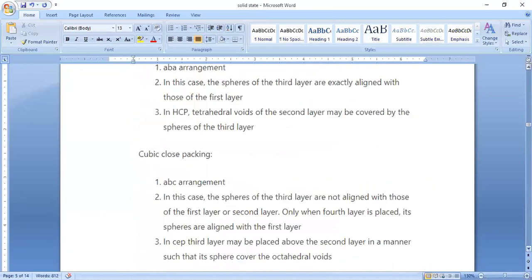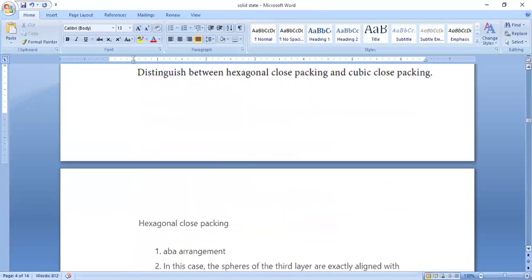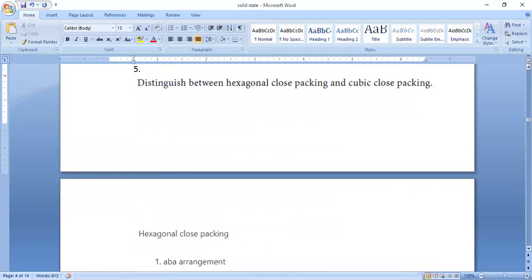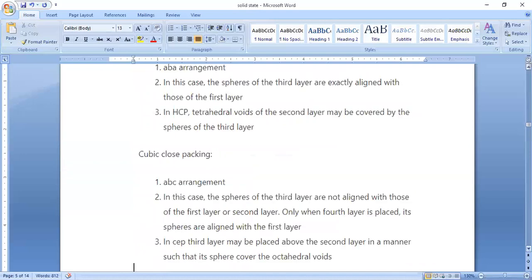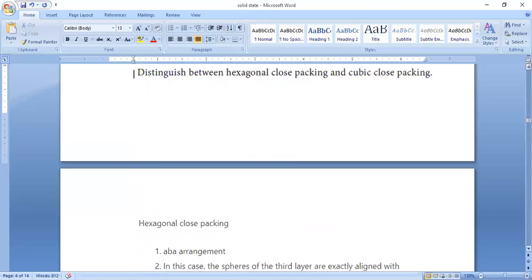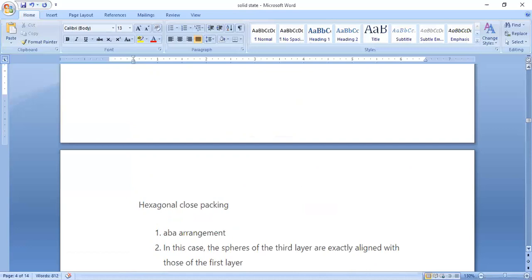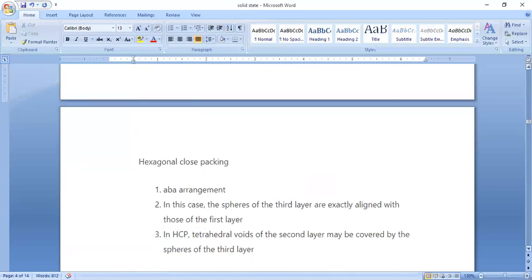So next question number 5, distinguish between hexagonal close packing and cubic close packing. So hexagonal close packing has an ABA arrangement. So the first sphere and the third sphere are exactly aligned with each other.